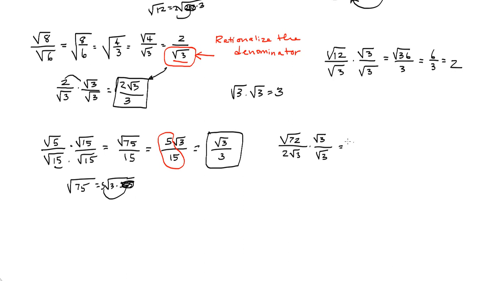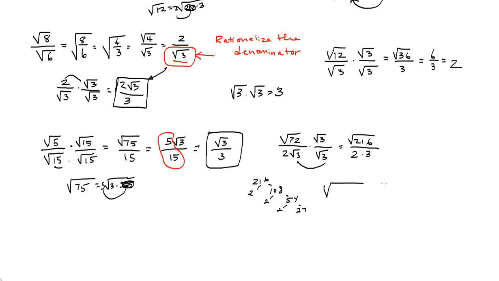What would we get? We'd get radical 216, that's kind of ugly, but that's what it is, over 2 times radical 3 times radical 3 is 3. Okay? Let's see what 216 gives us. That's 2 times, what's that, 108? 2 times 54, 2 times 27, and 27 is 3 3s.